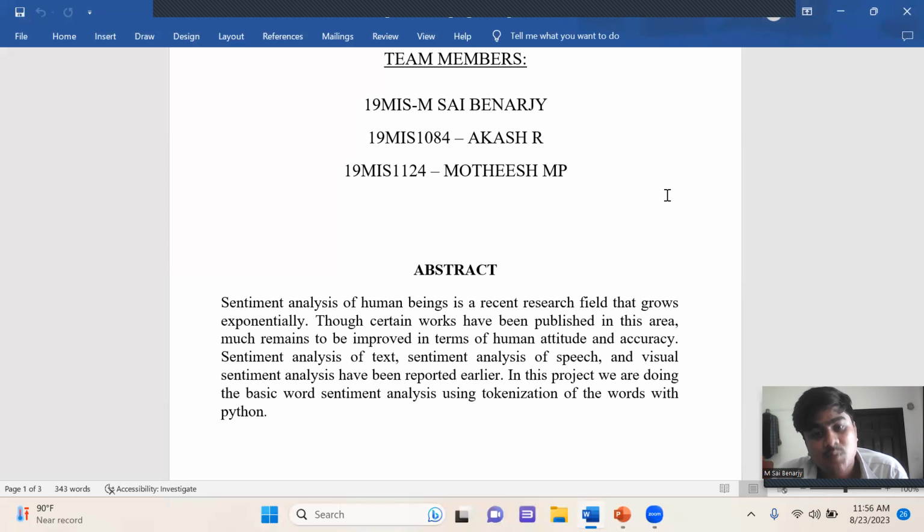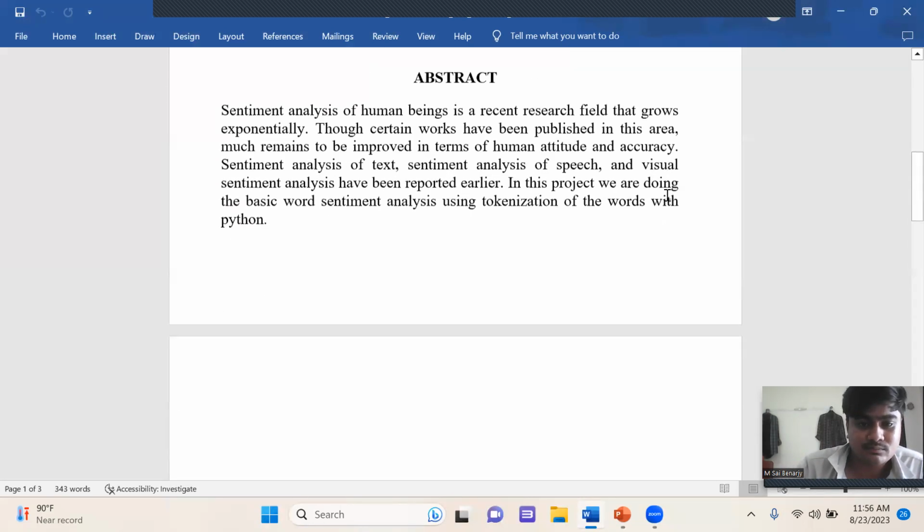Much remains to be improved in terms of human attributes and accuracy. Sentiment analysis of text, of speech, and visual sentiment analysis have been approached earlier. In this project, we are doing basic word sentiment analysis using tokenization of the words with Python.